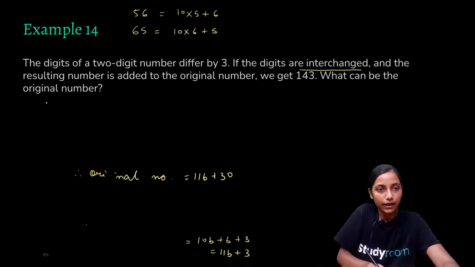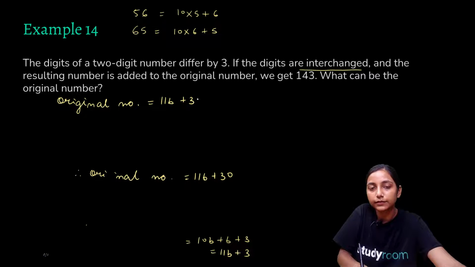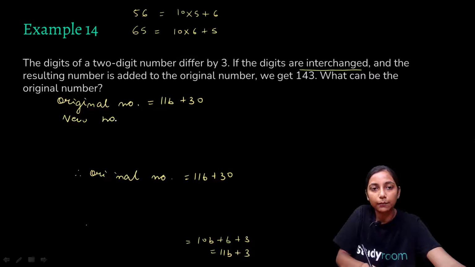That is, I'll write it again here. The original number was 11b plus 30, and the new number after interchanging the digits is coming as 11b plus 3.